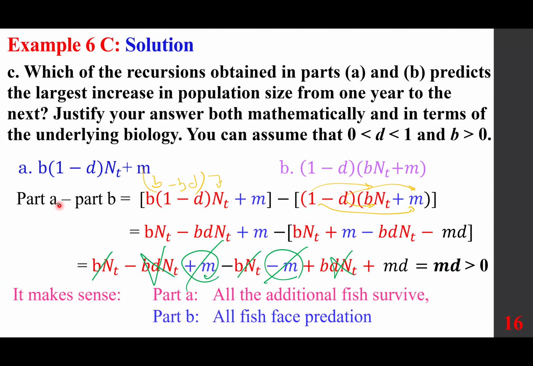And it makes sense because in part A, all the additional fish survive. In part B, all fish face predation. So in part A, the M that we added, they all survive. Over here, they are also subject to dealing with the bears and predation.